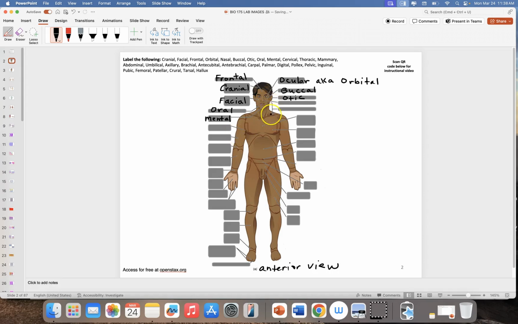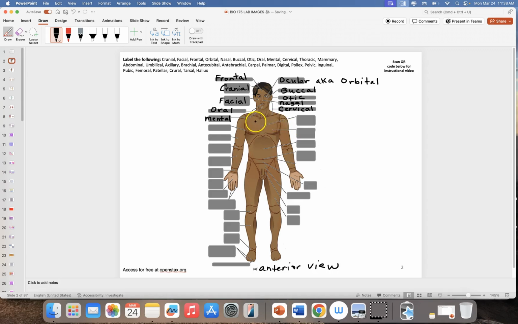If we focus next on the neck, we use cervical. And then here for the nose, we use the term nasal. Again, if we're thinking about body cavities, the cavity associated with the nose is the nasal cavity.